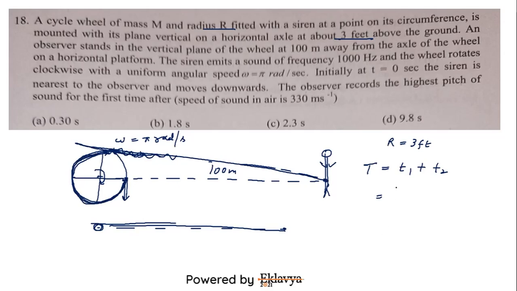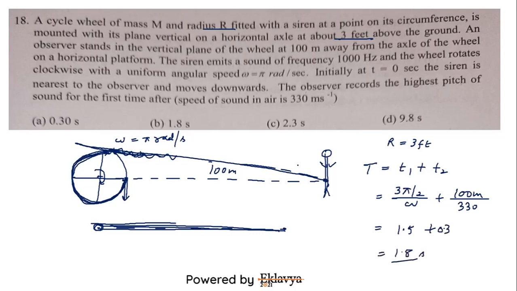So t1 will be given by 3 pi by 2 divided by omega, and then the distance along this tangent or the horizontal distance can be considered to be equal. So 100 meter divided by the speed of sound, which is 330. So this will give you the result. If I consider omega equal to pi, this will become 1.5, and 100 by 330 is close to 0.3. So it is going to become 1.8 seconds. So option B will be the correct answer.